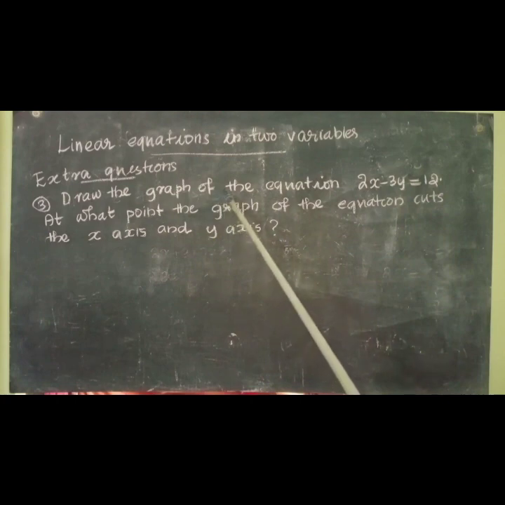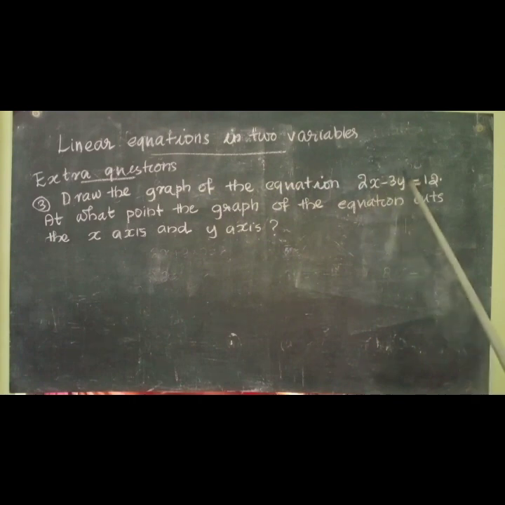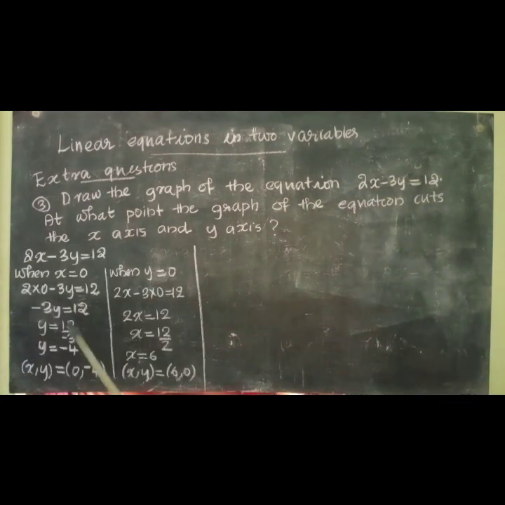So let us do the first question. Draw the graph of the equation 2x minus 3y equal to 12. So we can find out the solutions first and draw the graph. When x equal to 0, 2 into 0 minus 3y equal to 12, minus 3y equal to 12, y equal to 12 divided by minus 3, that is y equal to minus 4.